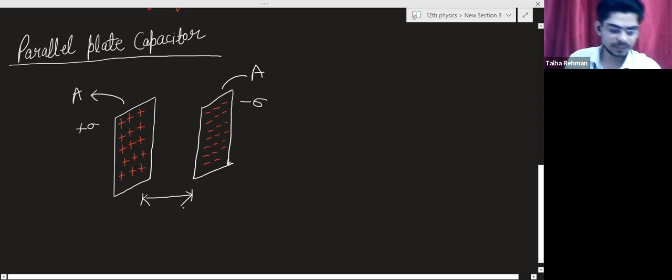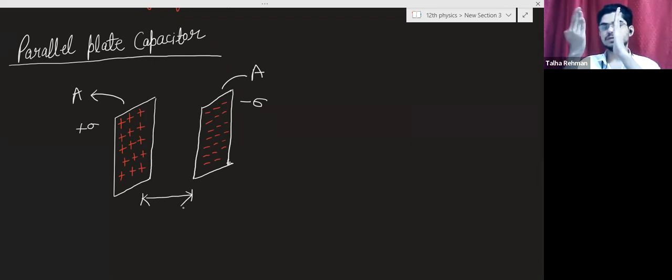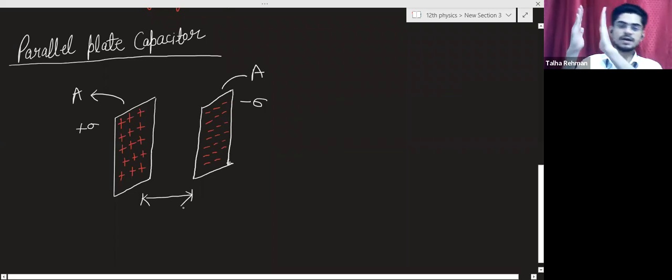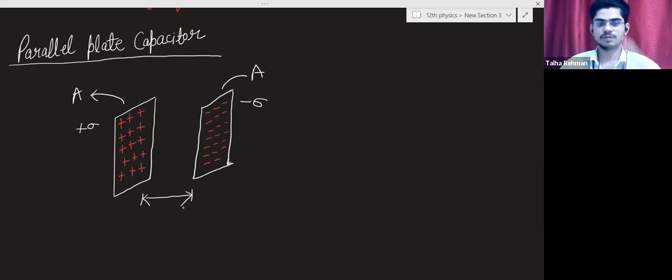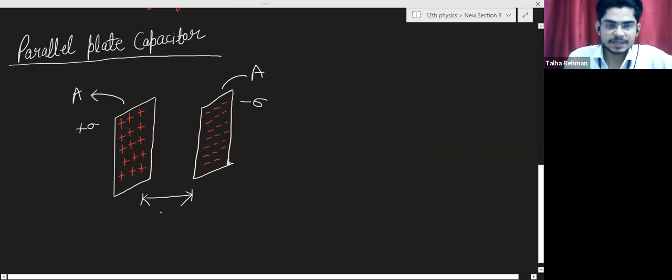Hamza, please note that these plates are like this. You can imagine these as plates, like a hand. This is one plate and this is another plate. In the diagram, these are not looking correct. And the distance between these two plates is D.